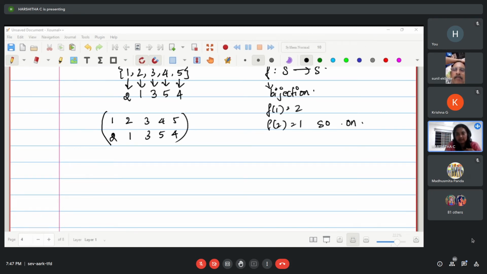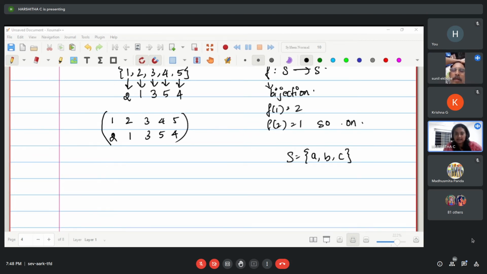So for simplicity, we're just taking natural numbers.